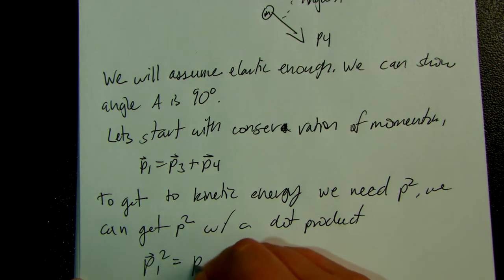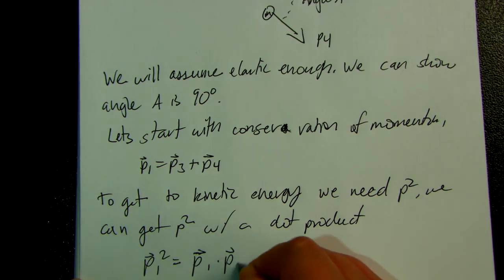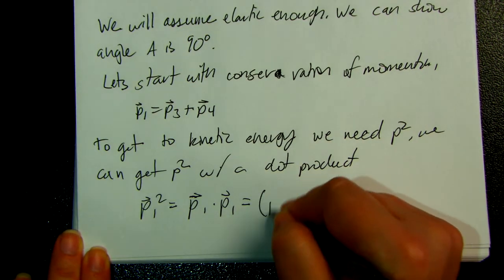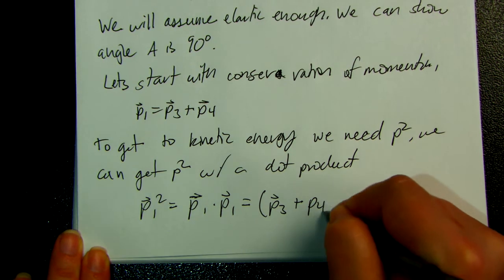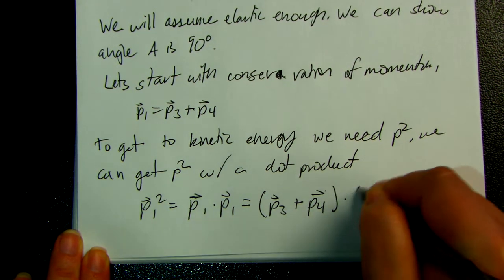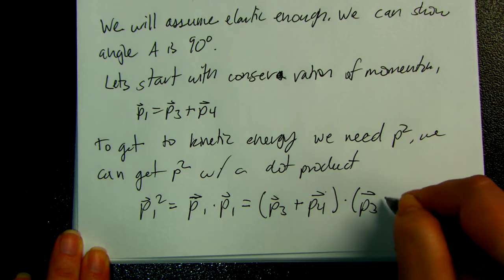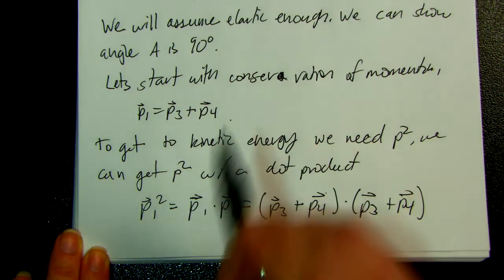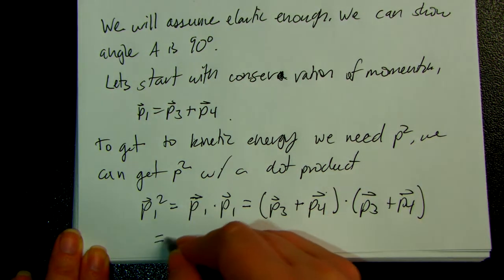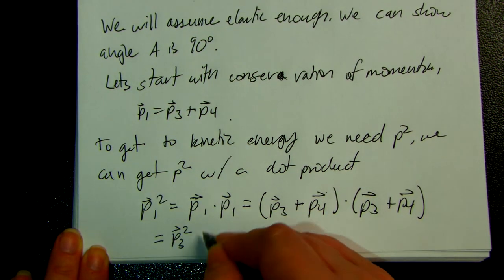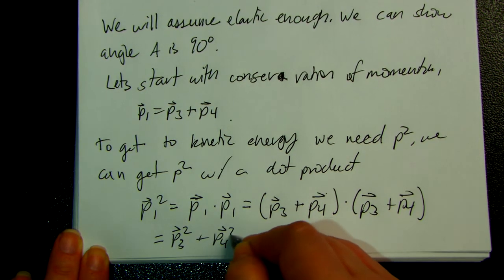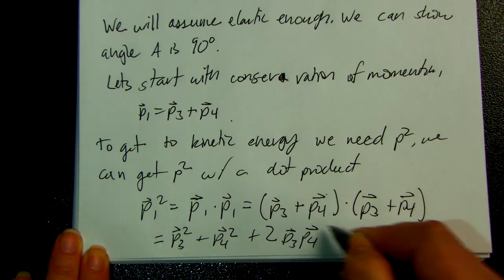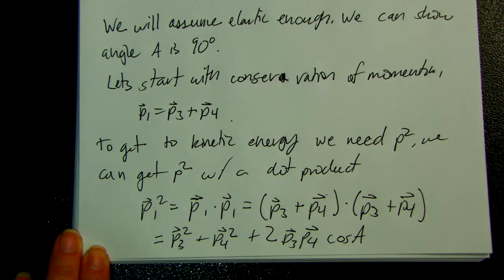P1 squared is equal to P1 dotted with P1, is equal to P3 plus P4 dotted with P3 plus P4, from this. And all of this is equal to P3 squared plus P4 squared plus 2 P3 P4 cosine of A.